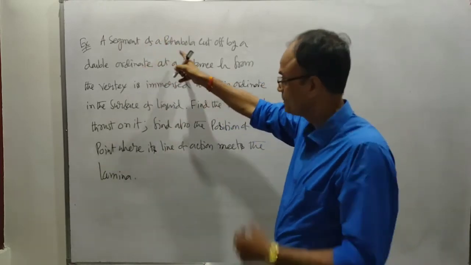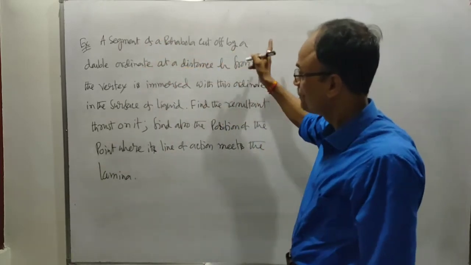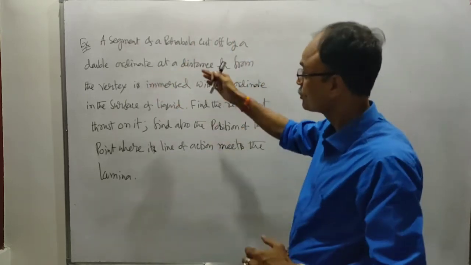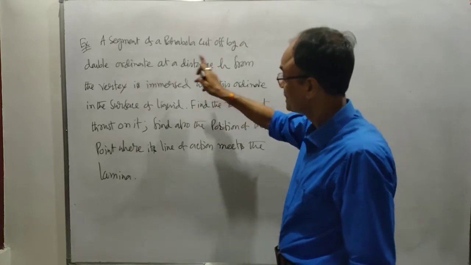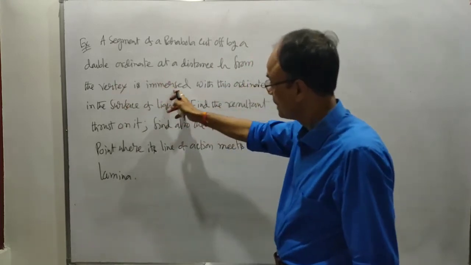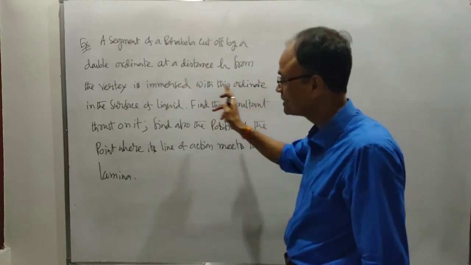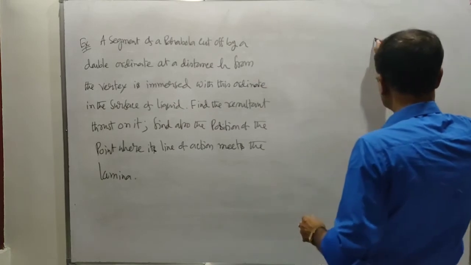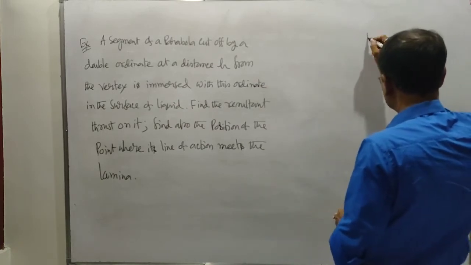The question is: a segment of a parabola cut off by a double ordinate at a distance h from the vertex is immersed with this ordinate in the surface of the liquid.